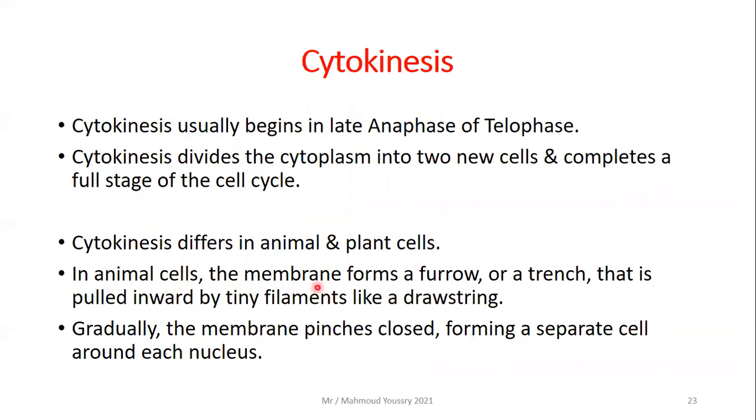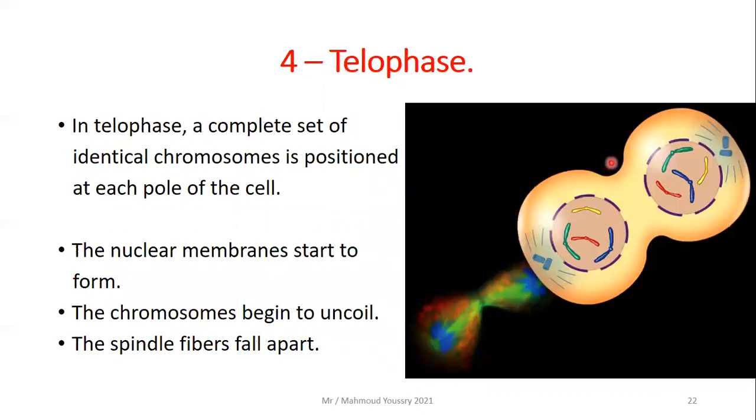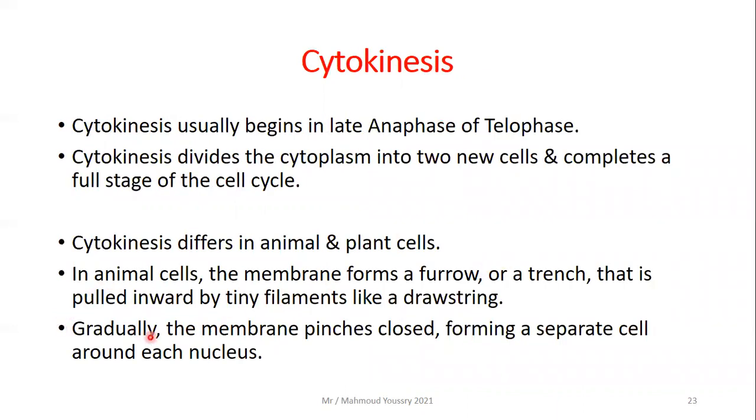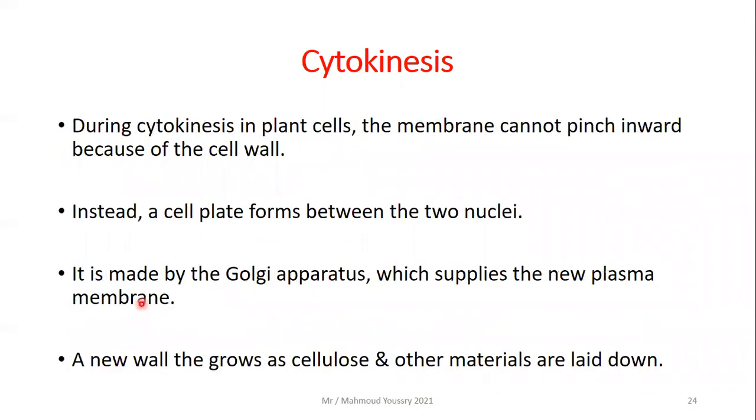In animal cells, the membrane forms a furrow, or a trench, that is pulled inward by tiny filaments like a drawstring, like this one. So part of the cytoplasm is pulled down like a trench. Gradually, the membrane pinches closed, forming a separate cell around each nucleus. This is in the case of animal cells.